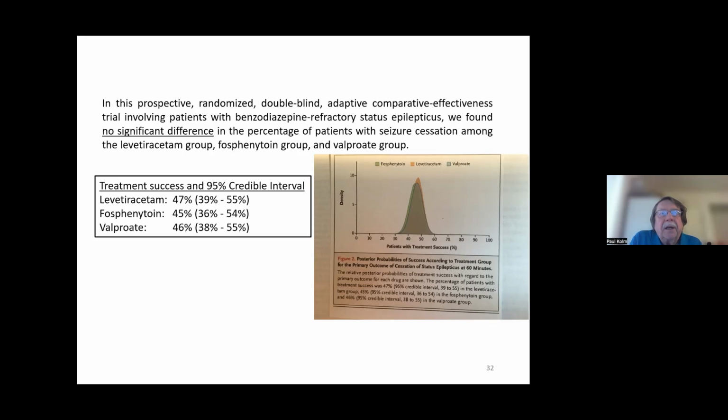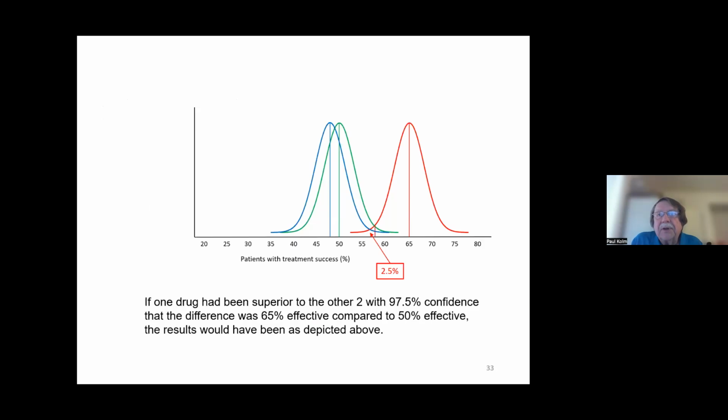Remember that we did this by sampling from theoretical distributions. In this case, it was the binomial distribution, because the outcome was either a yes or no. So they concluded that there was no difference. Now, if there actually had been a difference, then their figure would have looked like this, where the difference they were looking at was 65% success versus 50% success.